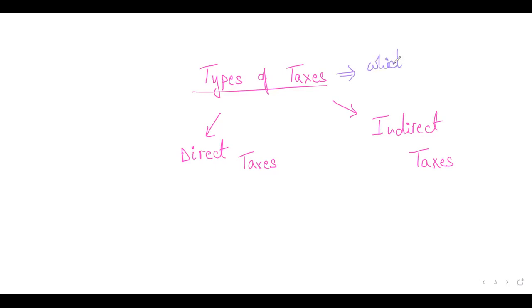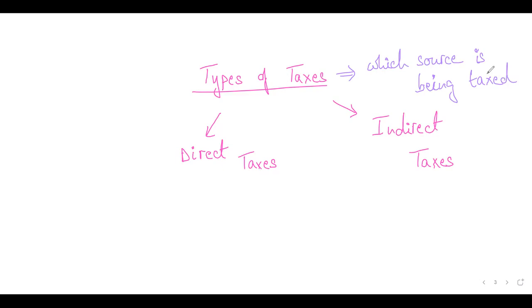Now, does this help you guys? Which source, like income source or the consumption, which source is being taxed? When we talk about the type of taxes, there are 2 types, direct and indirect. Right, correct, Zwan.